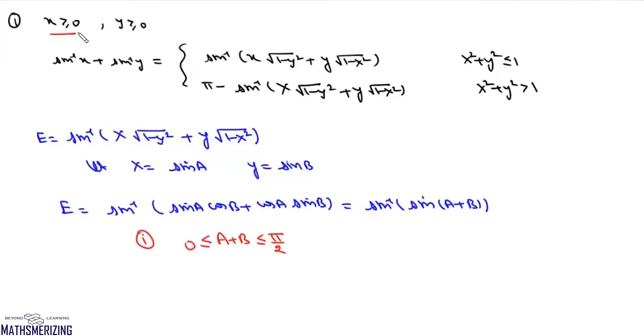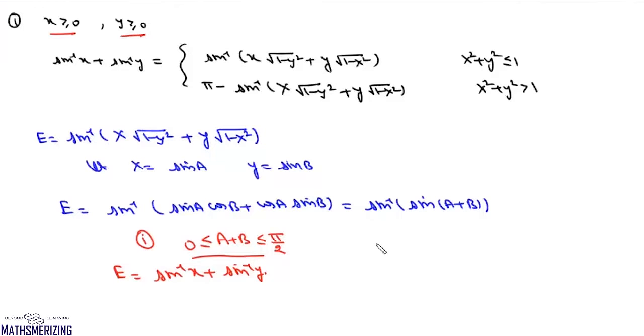Since we have taken x and y both as positive numbers, it cannot take a negative value. Now in this interval, this sin inverse and sin will cancel. So we'll get this E as sin inverse x plus sin inverse y, and we'll simplify this condition.